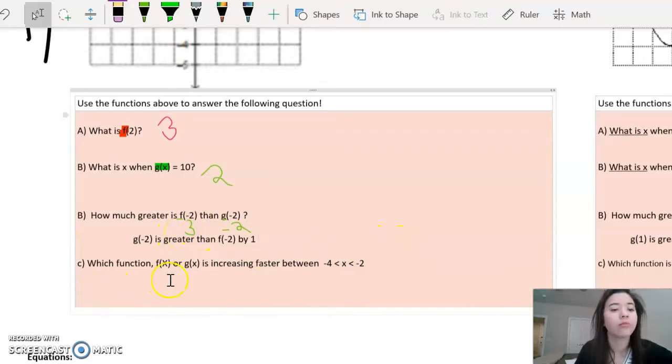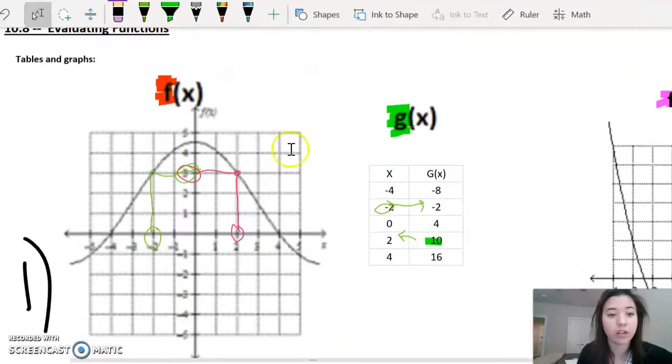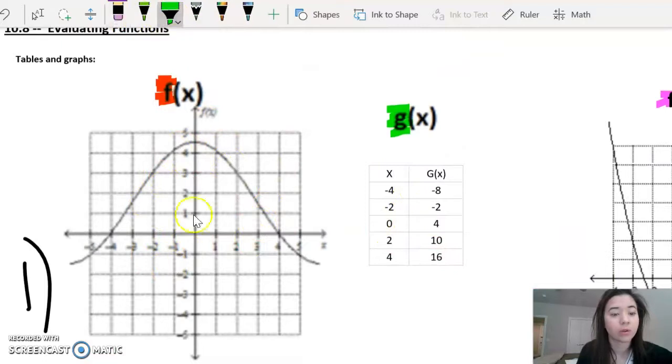Then we have, which function, f of x or g of x, is increasing faster between negative 4 and negative 2? This is saying between the x values of negative 4 and negative 2, which one is increasing the most, the quickest. I'm going to erase all of this stuff now. So we're looking from negative 4 to negative 2.